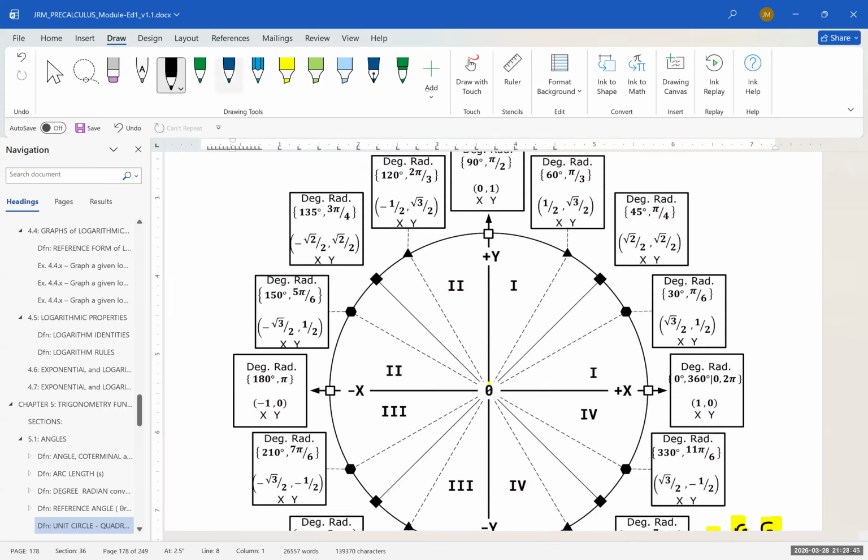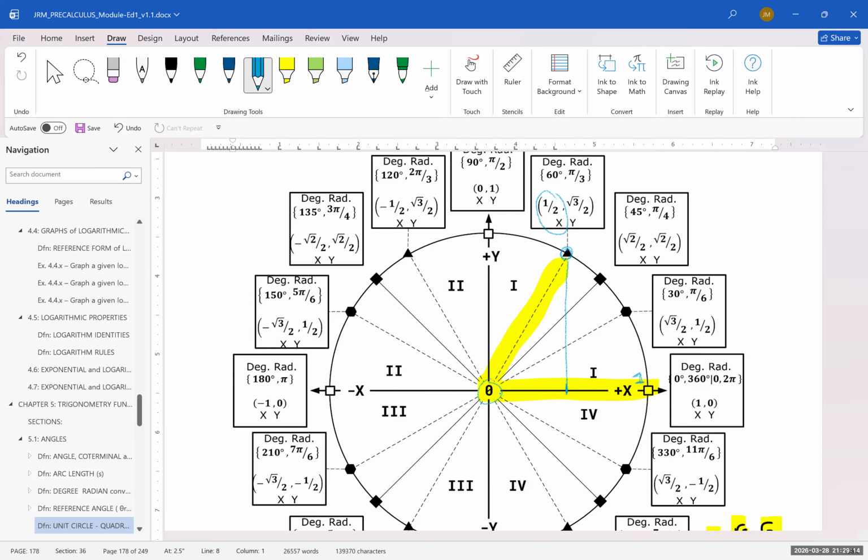So you'll notice that, let's start with this one, which is 60 degrees. So why is 1/2 the x value? Well, that's the coordinate at this point. If we just trace down to the x-axis from that point, remember, it's going from 0 here to 1 out here.